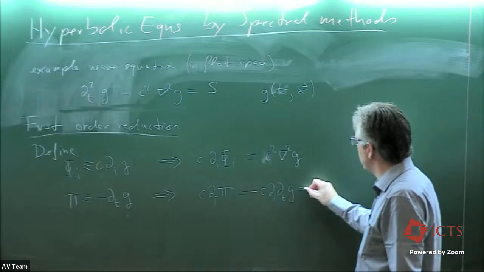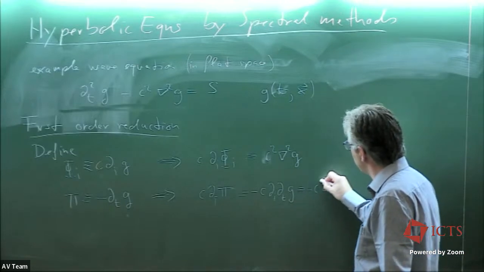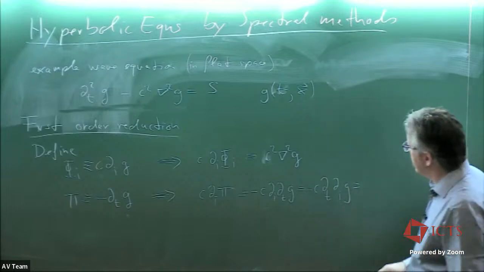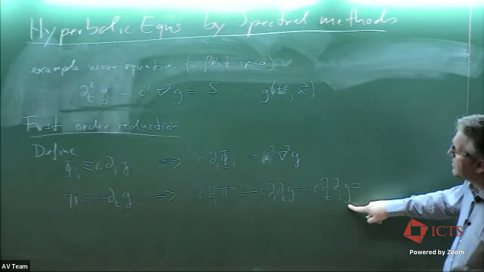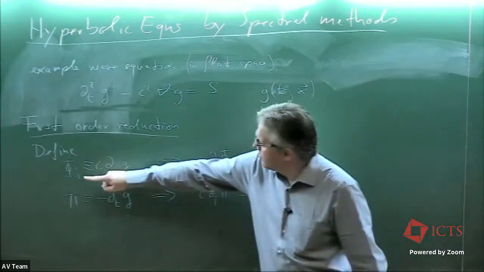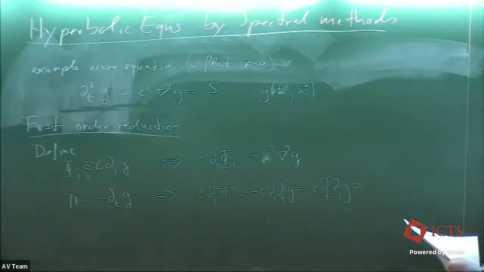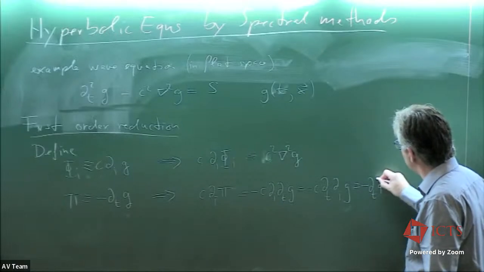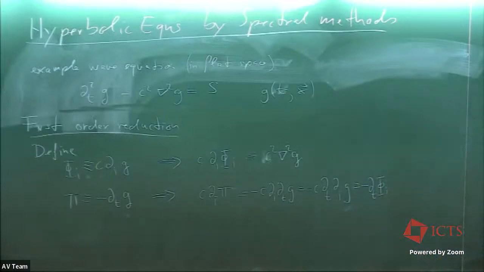Let's exchange partial derivatives: minus c dt di of g. And di of g we already had, that is phi. So this thing is going to be minus dt of phi.